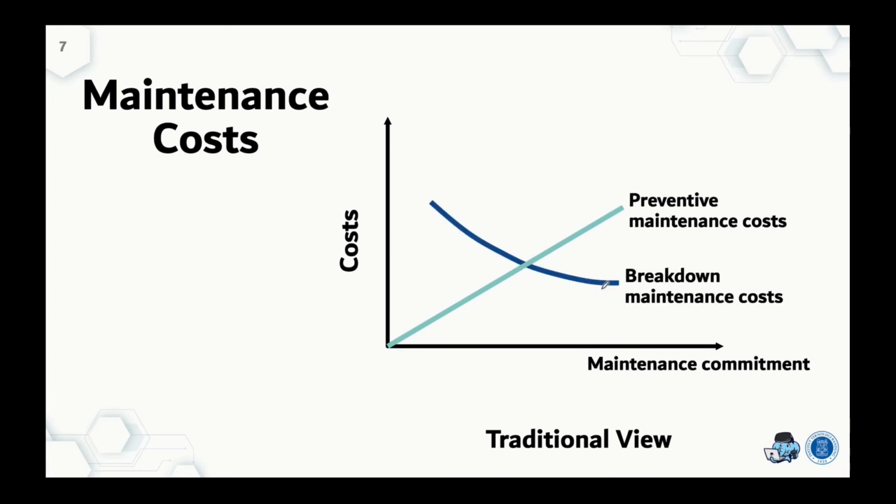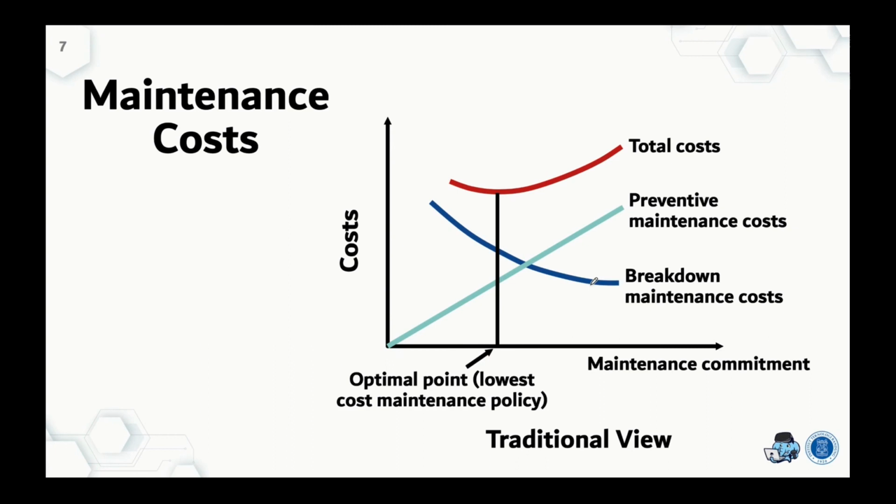And the breakdown maintenance cost will have a slope, and how much commitment we should put on is this much, at this point. So not so much actually, since we already determined that the maintenance cost from the breakdown is only the breakdown cost, the repair cost only.